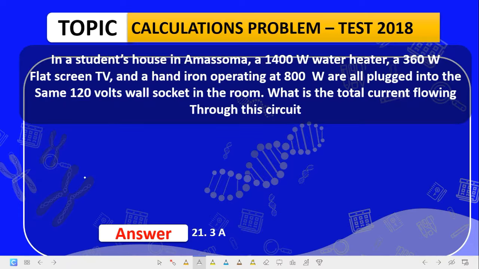Now, in a student's house in Amasoma, a 1400 watt water heater, a 360 watt flat screen, and a handheld iron, which is 800 watts, are all plugged into the same circuit.